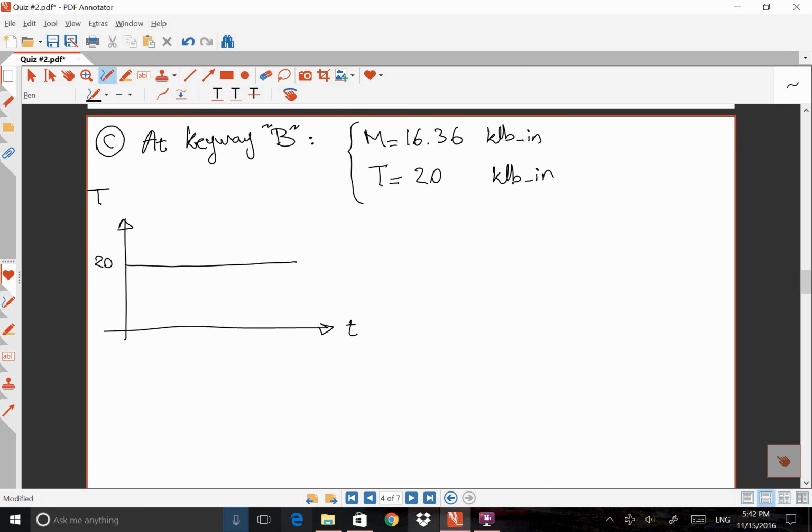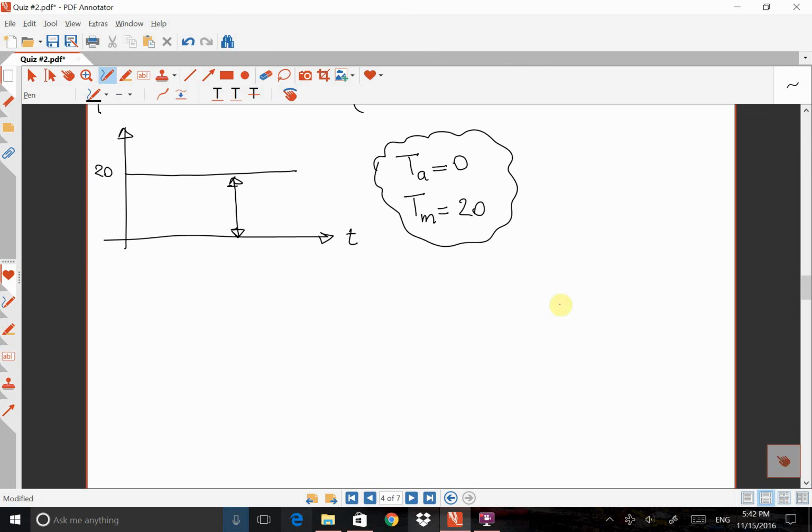So in this system, the amplitude of the torque is 0 because there is no fluctuation. And the mid-range torque is the offset from the time axis, which is the same as the value of the torque. So that's 20. That's the important information that I can get from this graph. Okay.